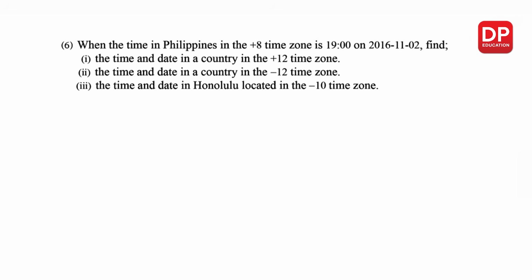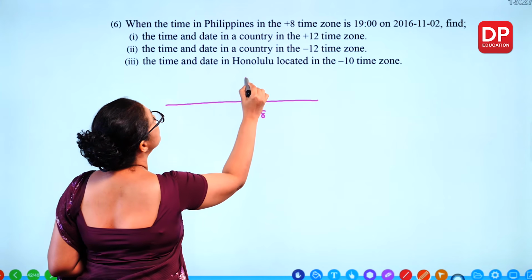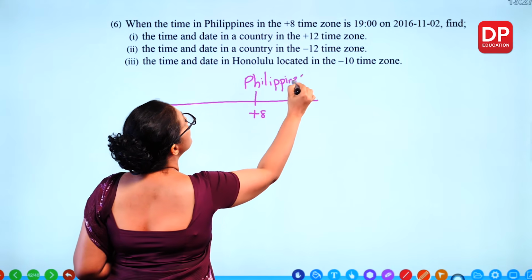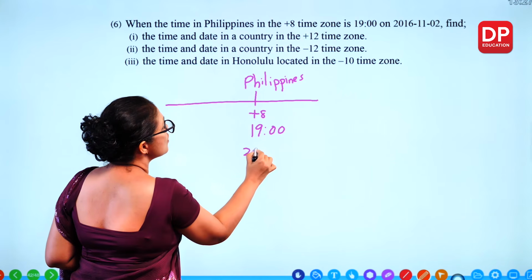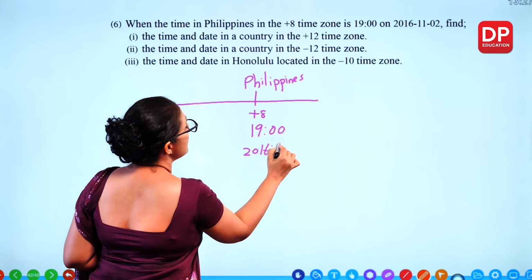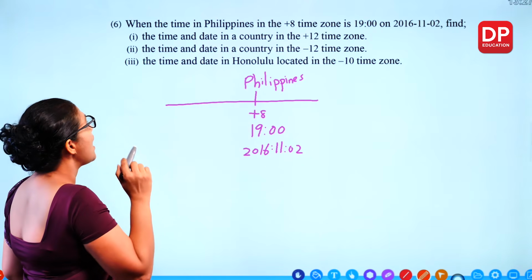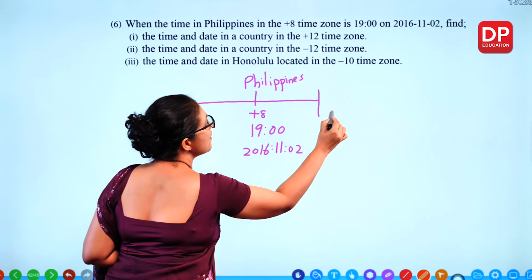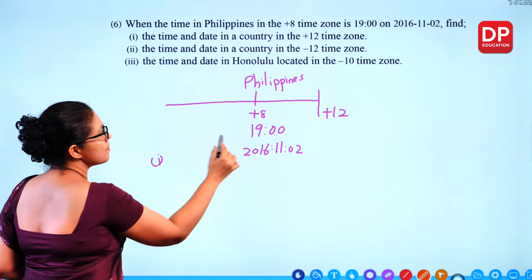Question number 6. When the time in Philippines in the +8 time zone, +8 Philippines, is 19 hours. What's the date? 2016, 11/2. The time and date in a country in the +12 time zone. So +12 is somewhere there. So what's the difference? 4 hours.